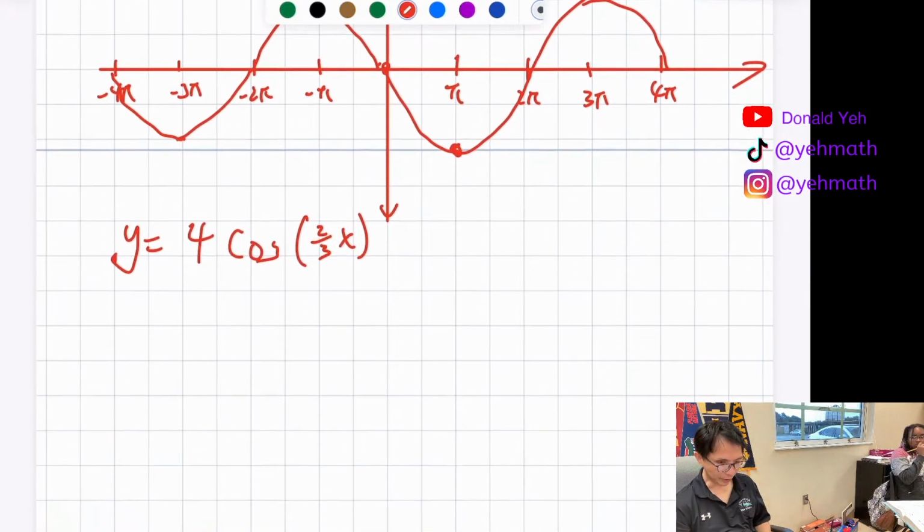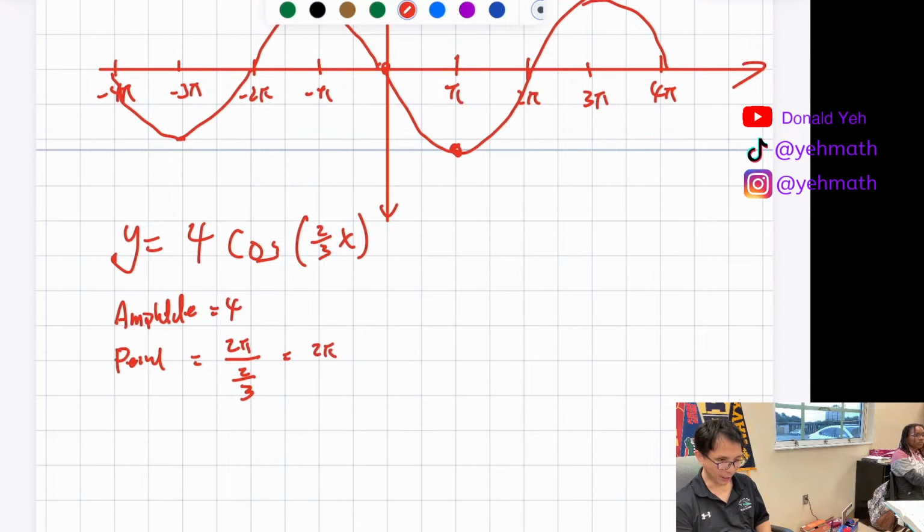Okay, so I'm going to start. What is my amplitude here? Write down 4. What's the period here? It was 2 pi divided by 2/3, right?